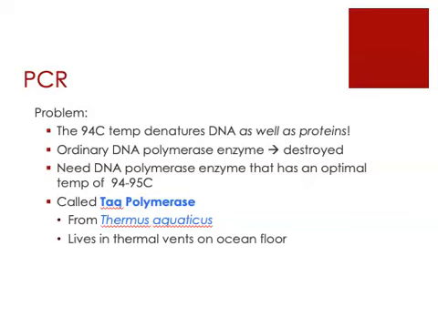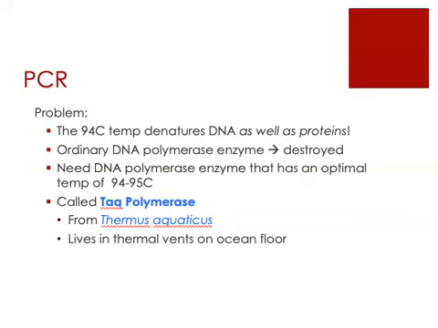The problem is, at that temperature, you will also denature any proteins that are in the tube. Remember, we said when you denature a protein, you unfold it, and that's going to make the protein unable to perform its job. So if we were to put ordinary DNA polymerase into a PCR reaction, it would get denatured during step 1.